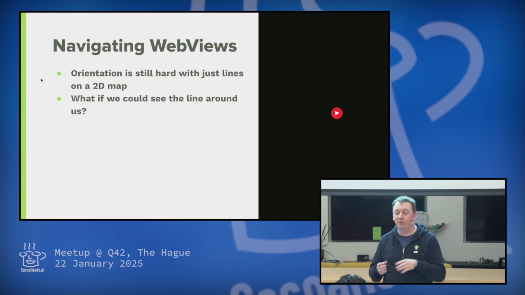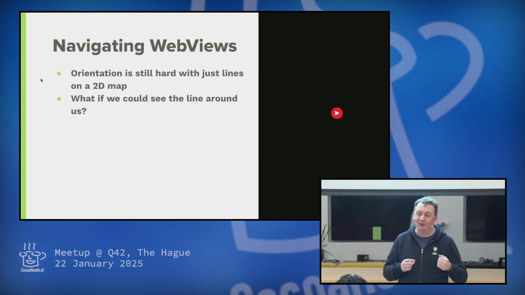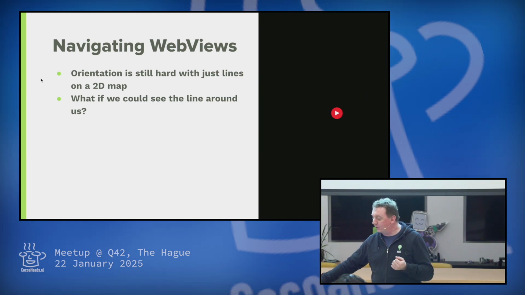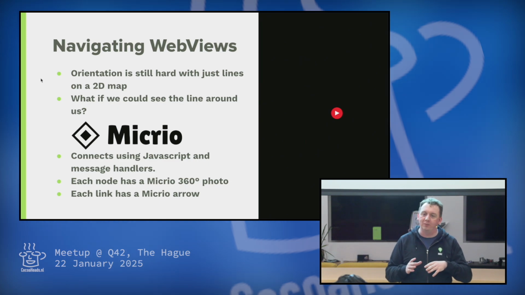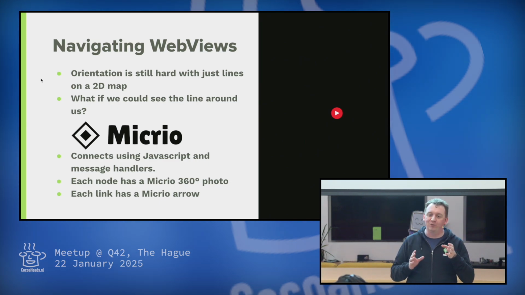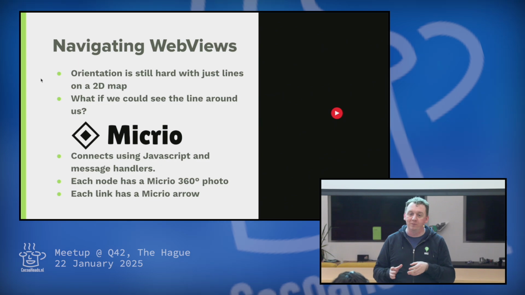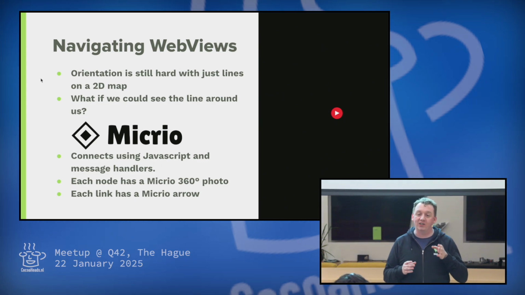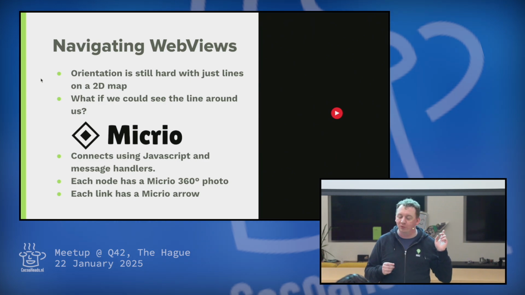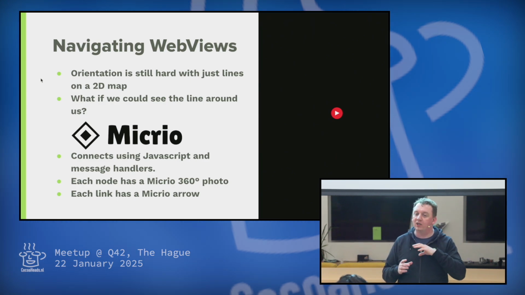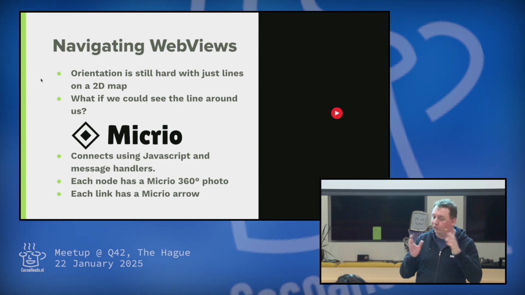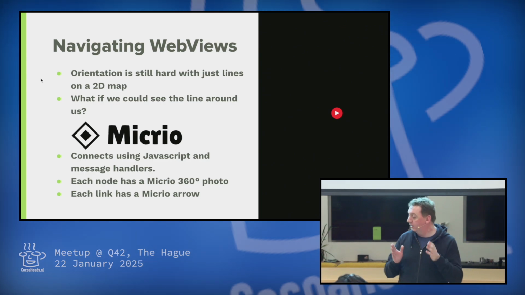Q42, luckily, has a venture underneath it called Micrio. And Micrio has a full WebAssembly implementation of a 360 viewer. It also has the CMS to implement these photos. It also has embeds like the lines that you can see on top of it, that we could easily manage, the lines on top of an image, and show it to you in the real space.